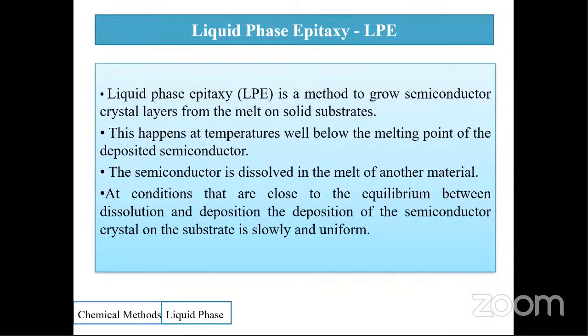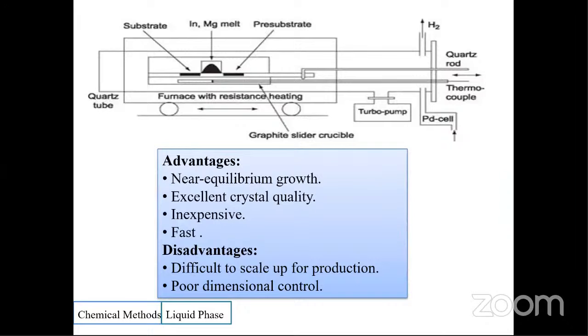So at certain conditions which are close to the equilibrium between the dissolution and deposition, the growth of the semiconductor crystal on the substrate is slow and uniform. This is a system which is used. The advantage is that this is a near equilibrium growth, so you can achieve excellent crystal quality, and it is inexpensive and fast. The disadvantage of this technique is that it is difficult to scale up for production and has poor dimensional control.